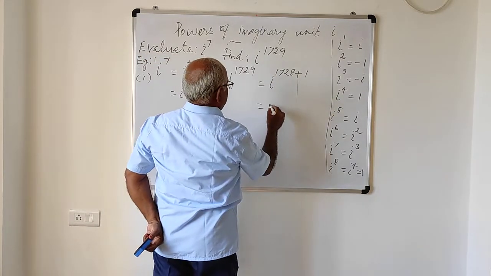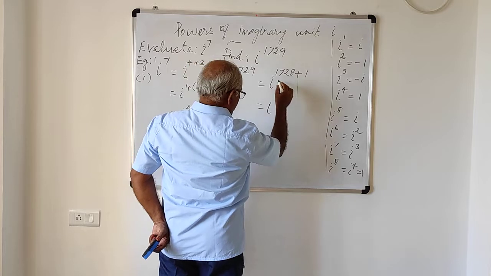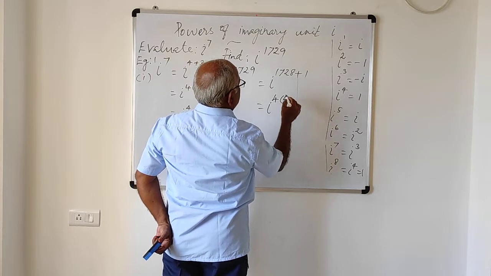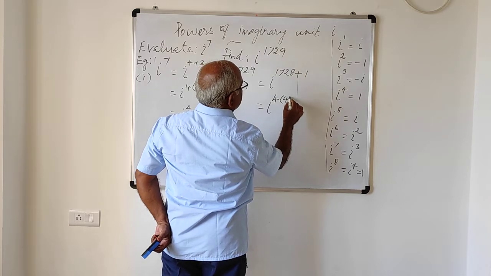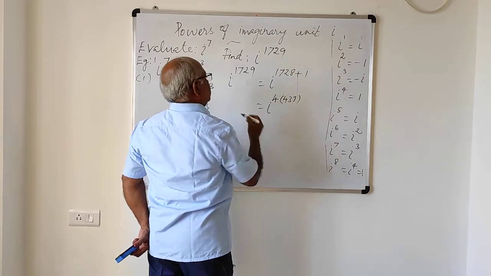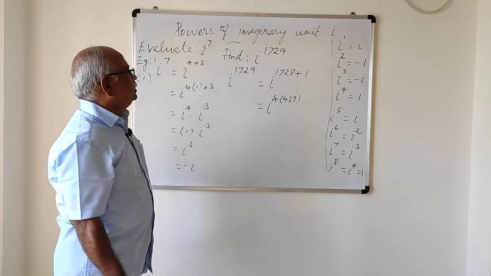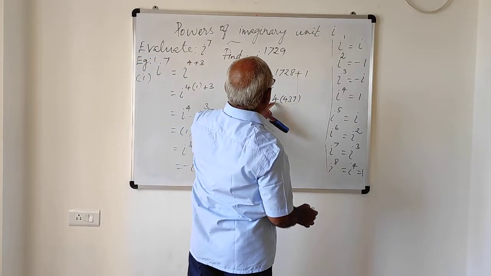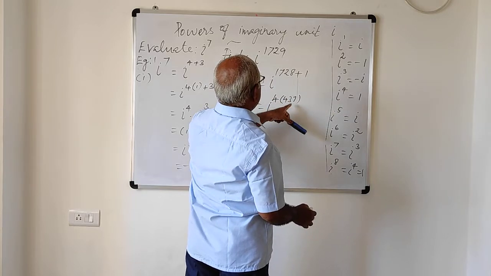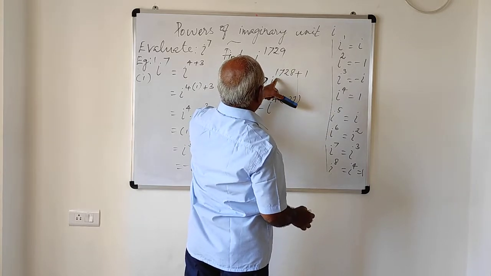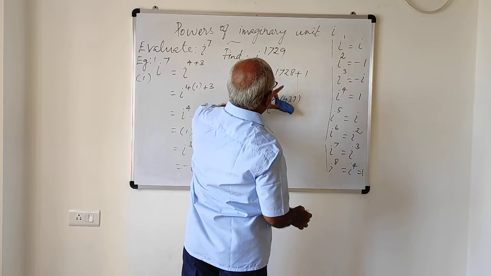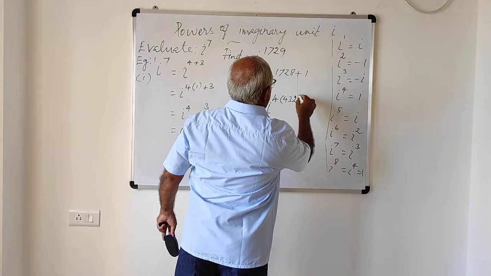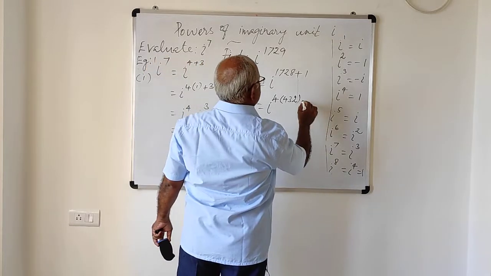See, this is i power 1728, 4 times. How many 4s are there? 432. Plus 1.